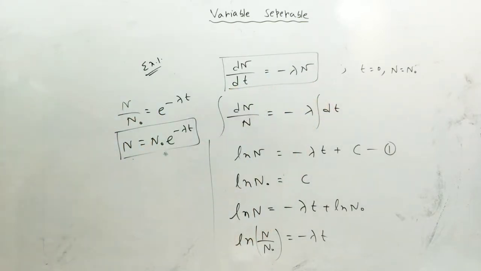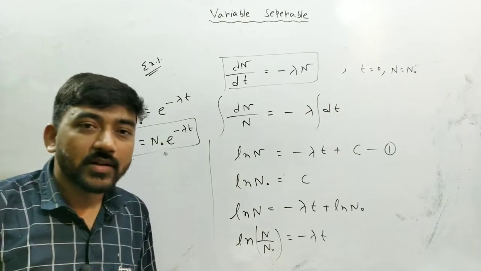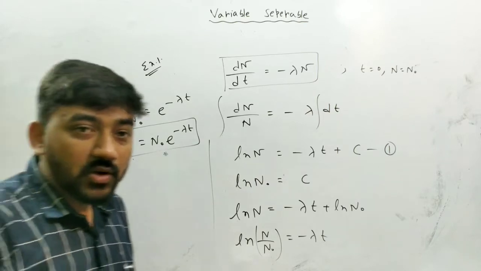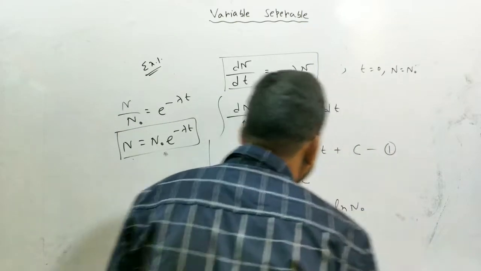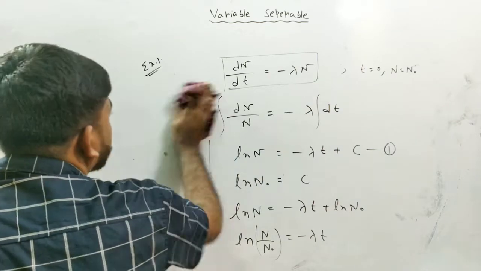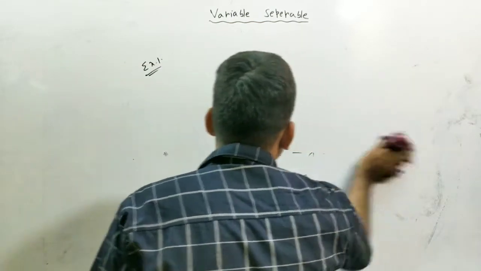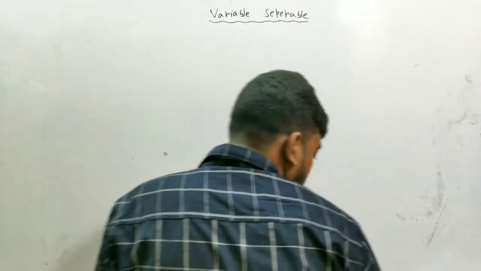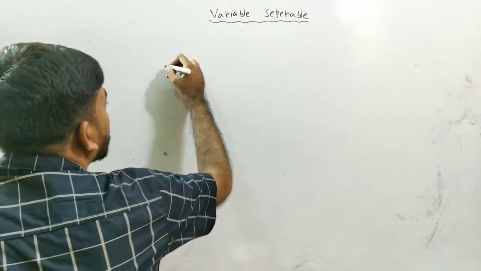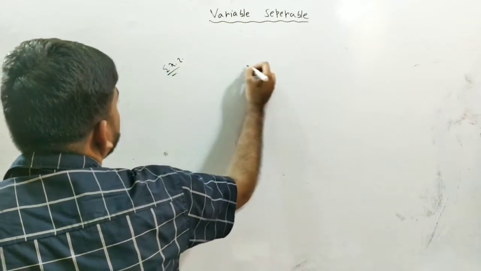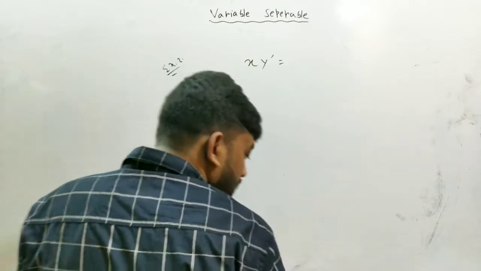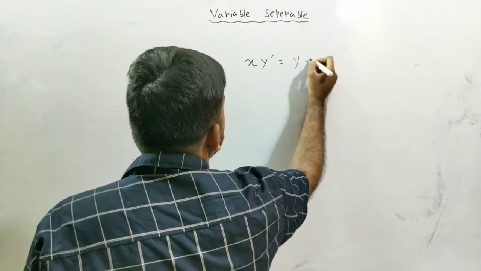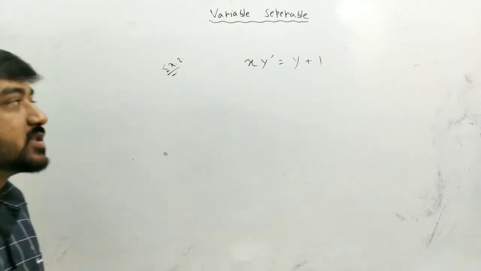Now let me solve another example, and with the help of that example we will understand orthogonal trajectories also. So this is our equation 1. Now let me solve example 2, that is x y dash is equal to y plus 1, and y dash means dy by dx.